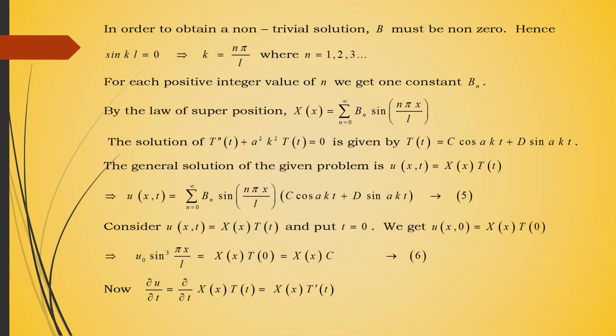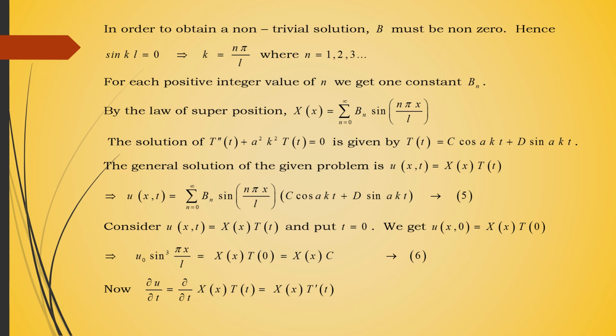Actually, T(t) = C cos(akt) + D sin(akt). If we put t equals 0, T(0) = C cos 0 + D sin 0.